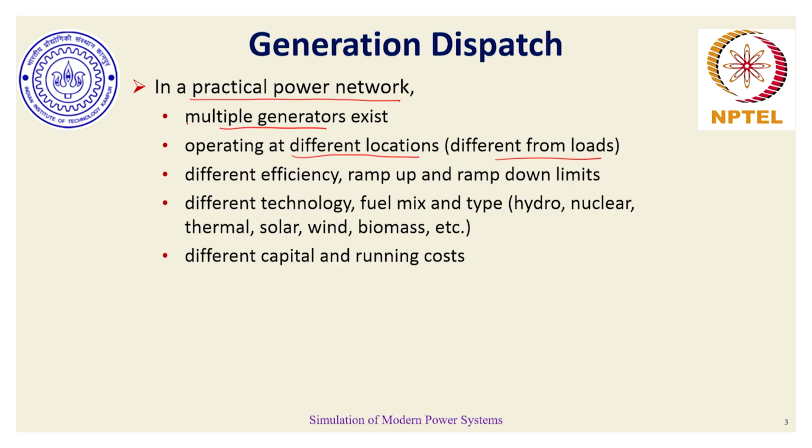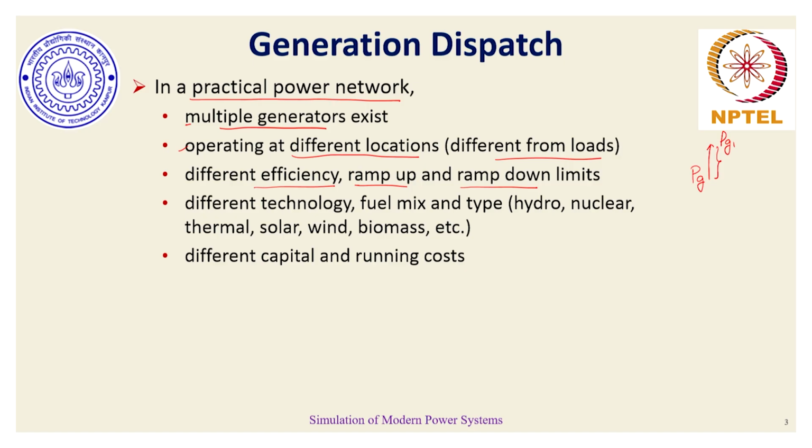These generators, since they are of different types, their operating efficiency is different. They have different ramp up and ramp down limits. By ramp up and ramp down limits, I mean that if a generator is operating, let's say at PG at a given instant of time, and it has to increase its generation from PG to, let's say, PG1, then the time required for this generation to change from PG to PG1 is not instantaneous.